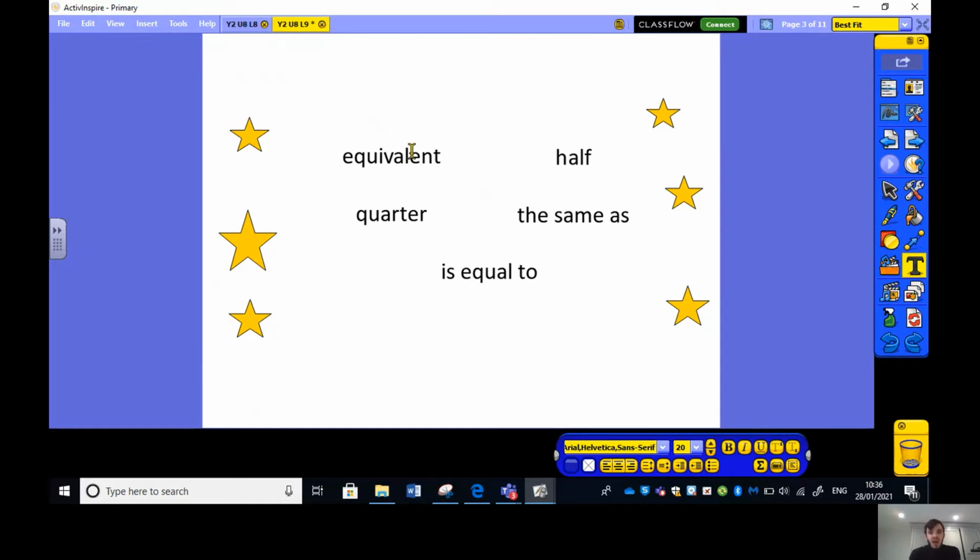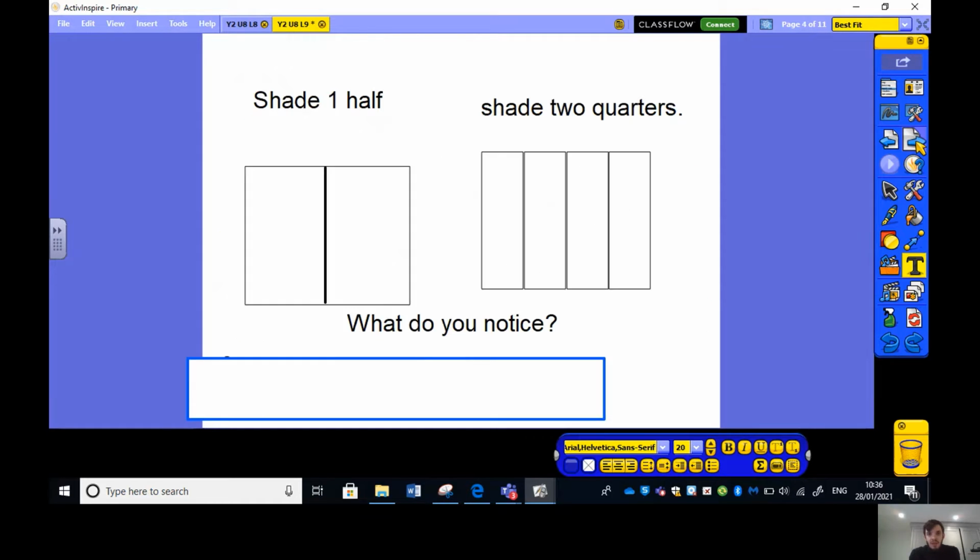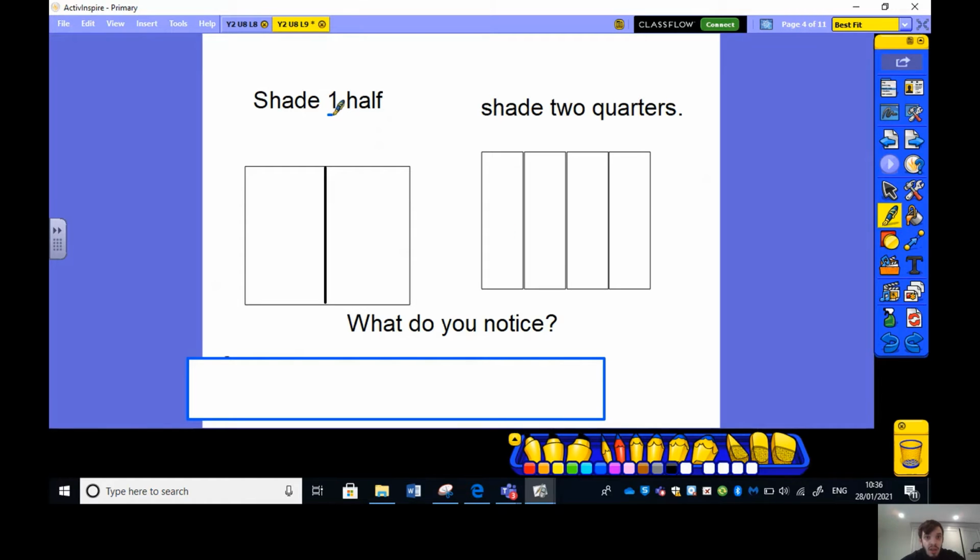Well done. Equivalent just means when a fraction is equal to another fraction, or it has the same value as another fraction. So let's have a look here. This has asked me to shade this square, to shade 1/2.